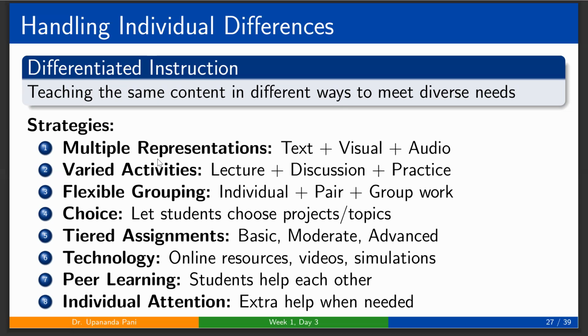Then flexible grouping: individual plus pair plus group work. Choices: let students choose projects, tiered assignments, basic, moderate, advanced. Technology: you can use online resources, videos, simulations. Peer learning, where students help each other. Then individual attention, extra help when needed.